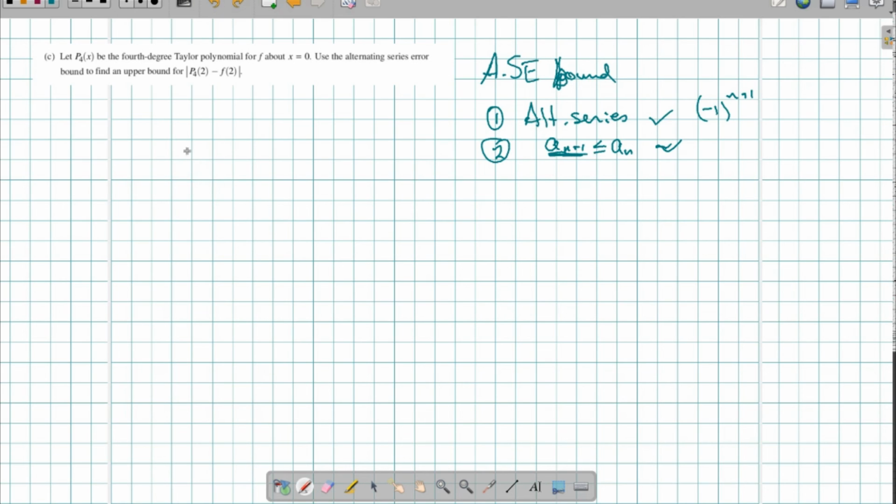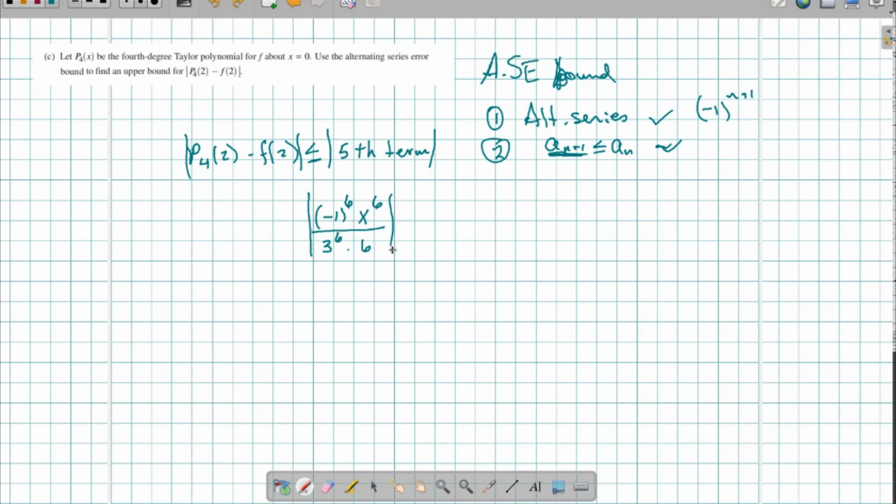And so I know that P4 of 2 minus f of 2 has got to be less than or equal to my fifth term. So my fifth term is going to be that negative 1 to the 6th times x to the 6th over 3 to the 6th times 6.